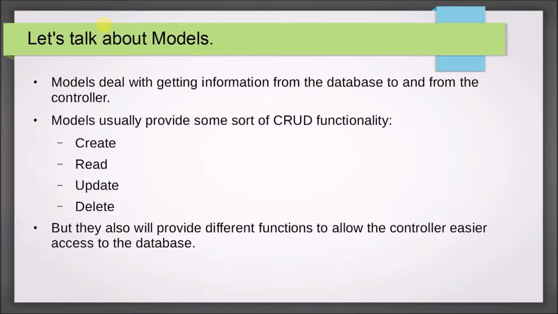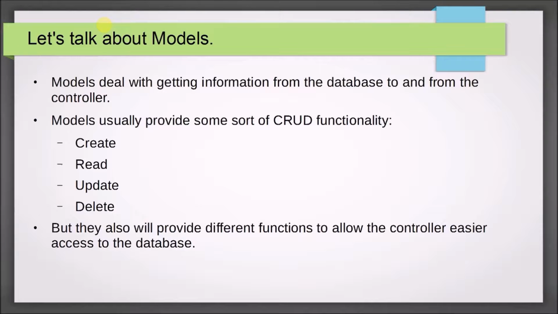Maybe the controller wants a list of all users but doesn't care about anything else. Maybe the controller wants the top 10 messages and nothing else. The model can also have functionalities like what I call abstract functions.